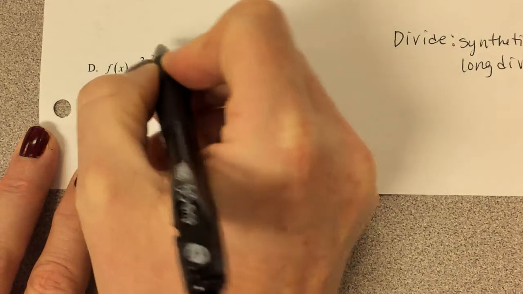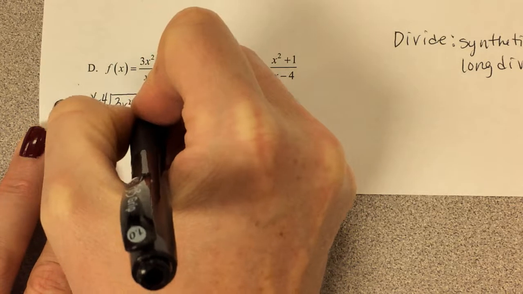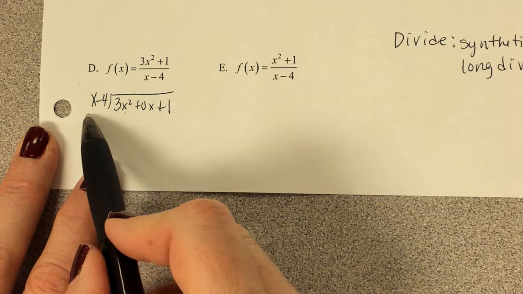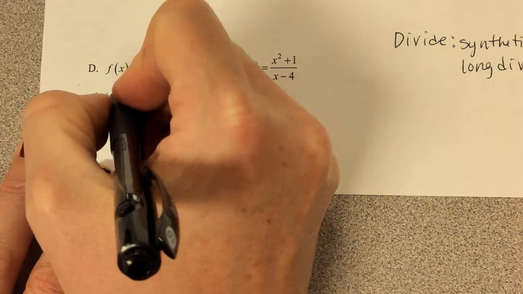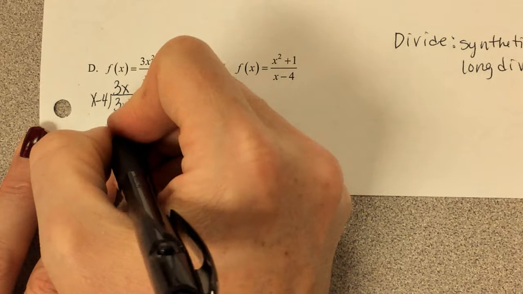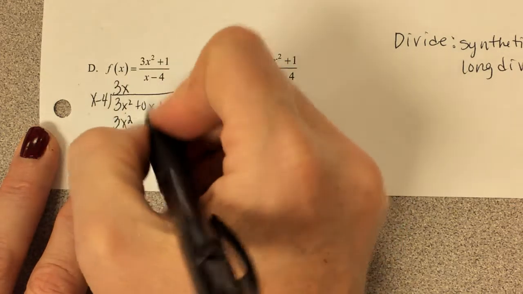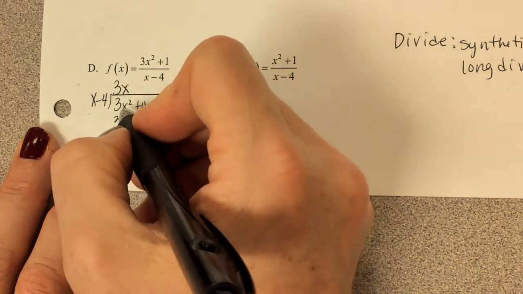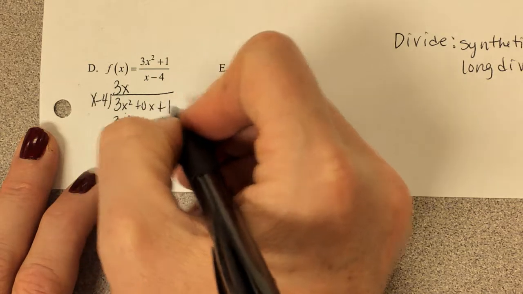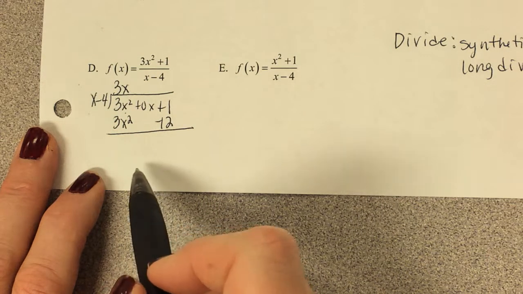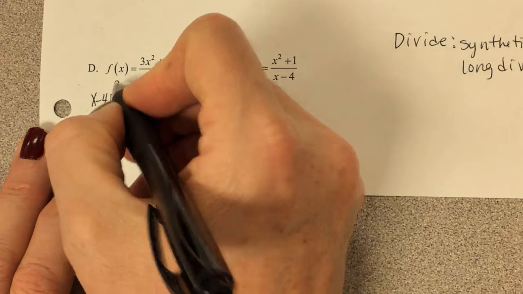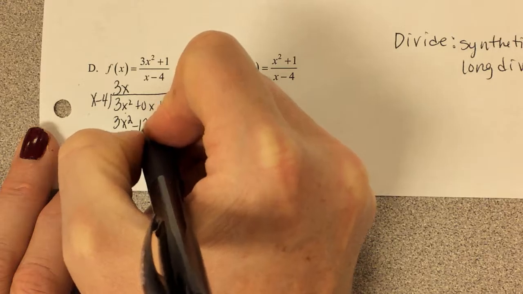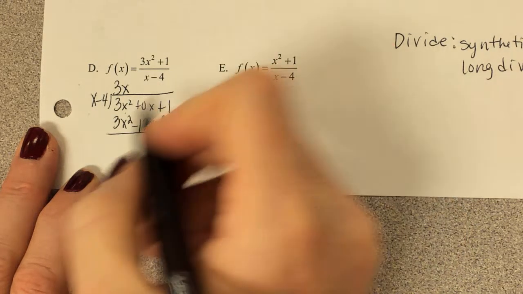So here's what I do. I have x minus 4, 3x squared plus 0x plus 1. I have to do 3x squared divided by x. That's just going to be 3x. 3x times x is 3x squared. 3x times negative 4 is negative 12. Oh, actually, hold on. I messed that up. I get 3x squared minus 12x. Now I'm going to have to subtract.